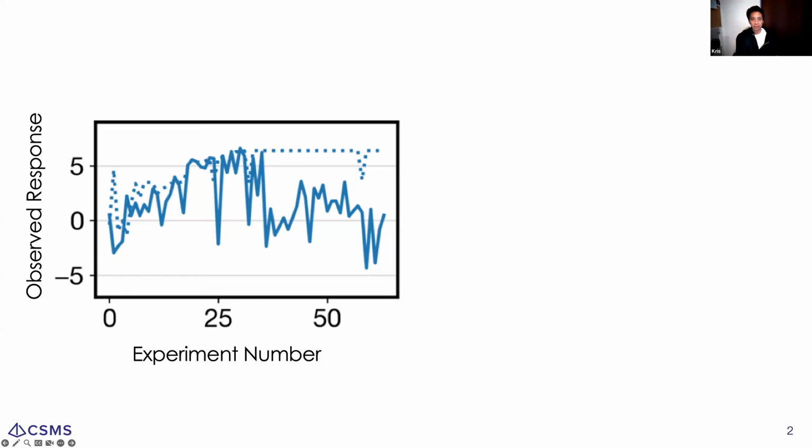Where again, you're trying to find the synthesis recipe that maximizes your response, and then you get this, and you sit and stare, and you ask yourself, well, this is supposed to be an optimization. I'm trying to find my recipe that optimizes my response. What's happening here? Is this a good outcome or not?